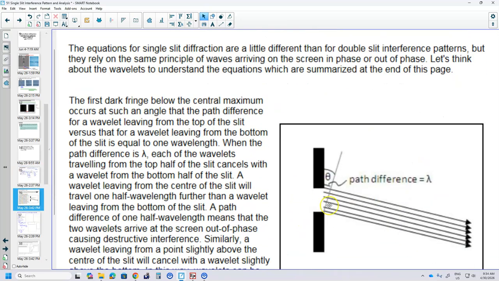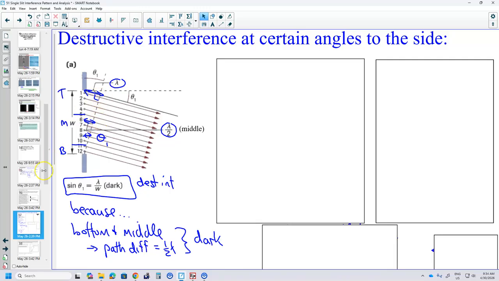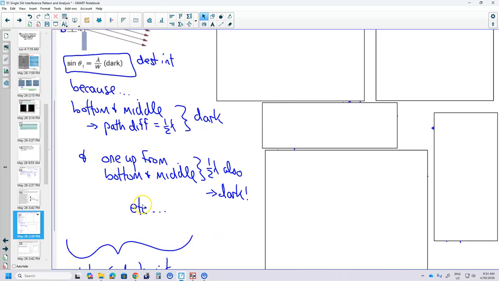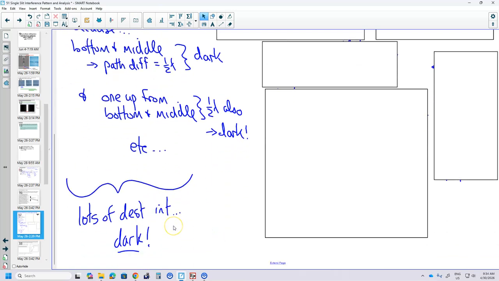If you go off to an angle of a wavelength, this is a full wavelength, in the middle we have a half wavelength, and at the bottom, nothing, of course, right? Light arriving from the bottom and the middle is going to be destructive because it's off by half. Light arriving from the middle and the top is also off by a half. Basically, you get a bunch of pairs of destructive interference.